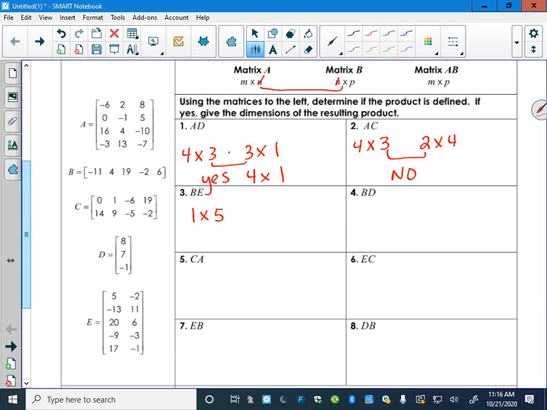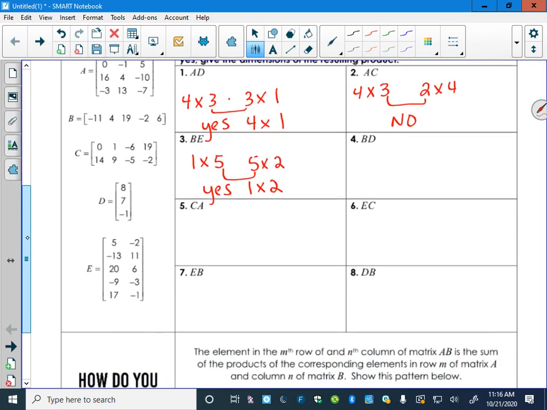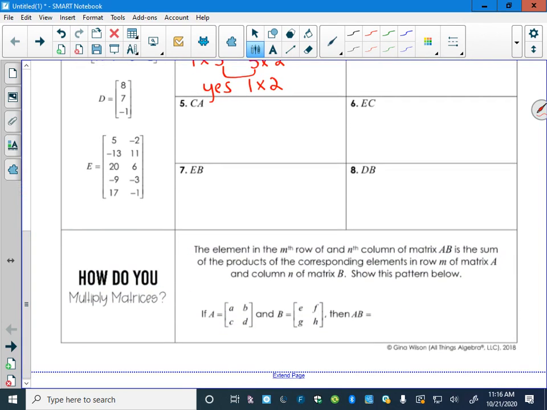E is 5 columns, 2 rows, so that's a 5 by 2. These numbers are the same, so we can multiply, and the resulting matrix is a 1 by 2. Okay, I'll let you refer to that answer key for the rest.